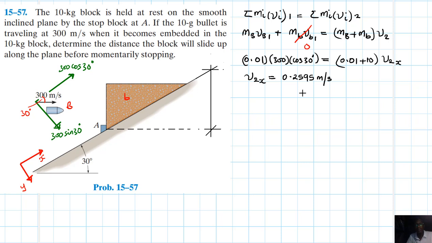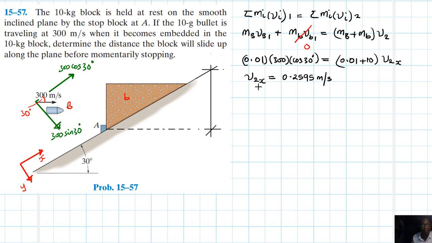Right? Let me try this once more. 0.01 times 300 times cos 30 divided by 10.01, this will get 0.2595. Alright, so we have this one.